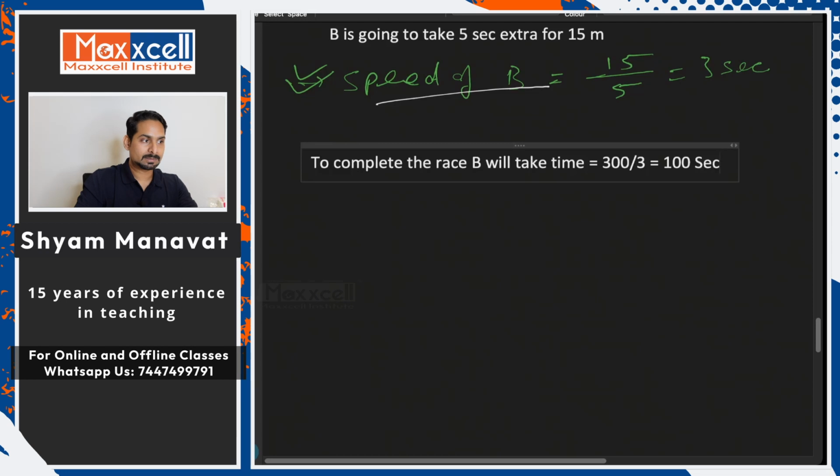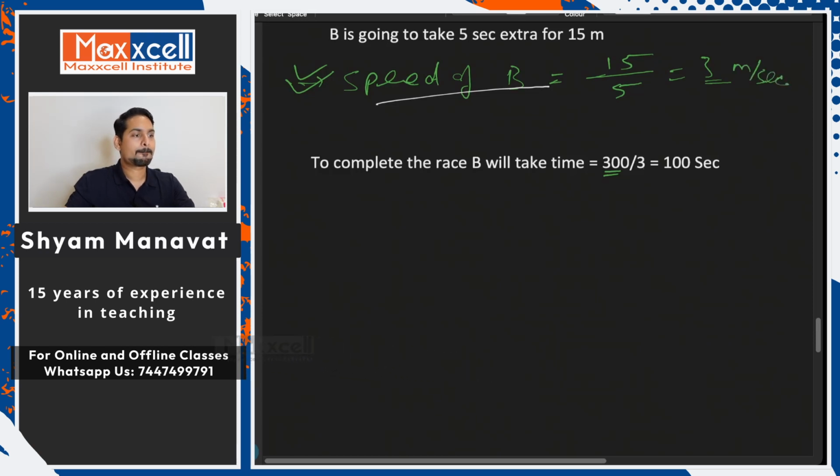Yeah, total distance 300. The speed of B we calculated, 3 meters per second. Why am I writing seconds here? The unit of speed is meter per second, right? So we got the time 100 seconds. That's the time taken by B to complete the race.